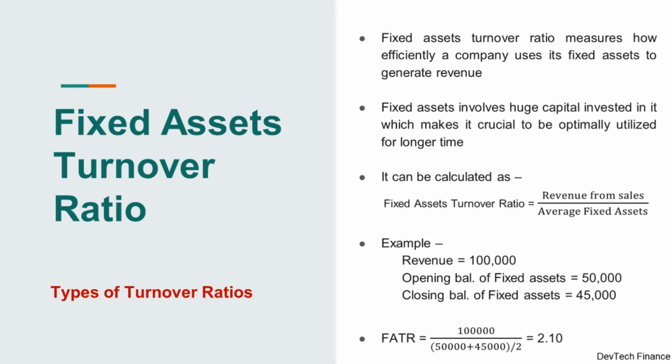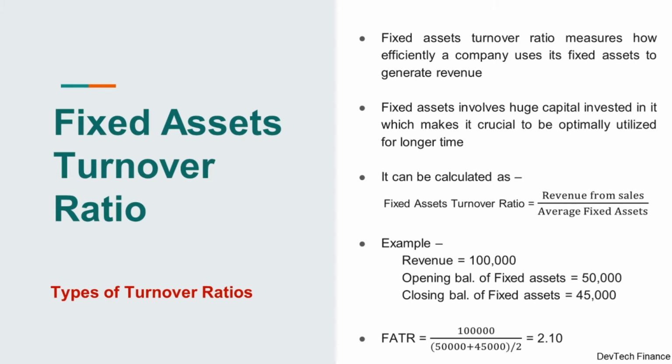How are those machineries being used and how is it resulting in the production quantity? If the machine is being used for this much amount of time, what is the effect on the production, and how is the production made able to generate sales? So the whole cycle, how fixed assets are being used in generating revenue, how efficiently they are being used.